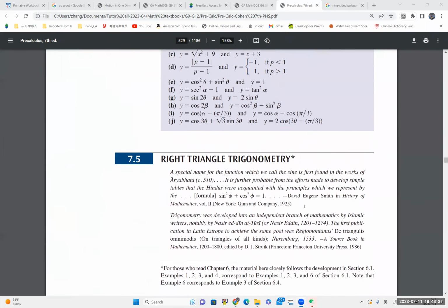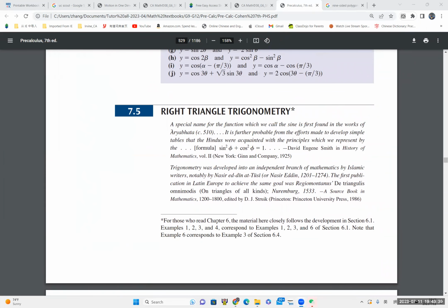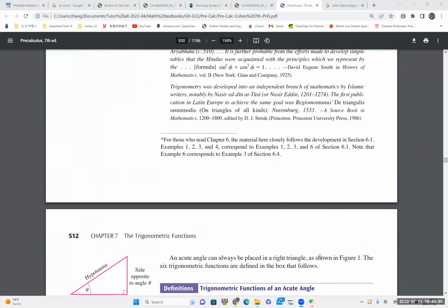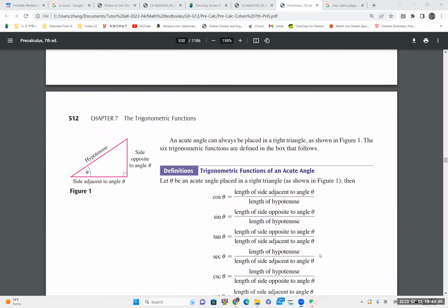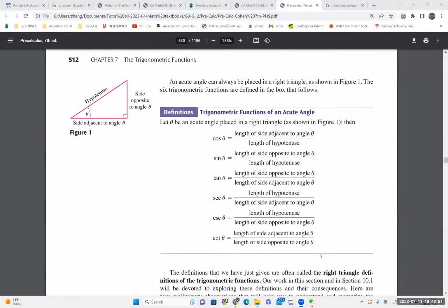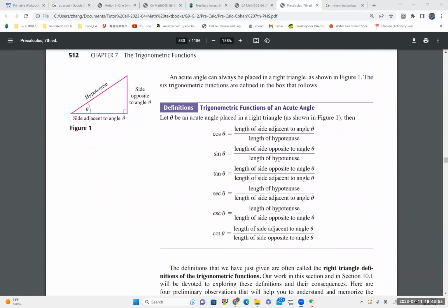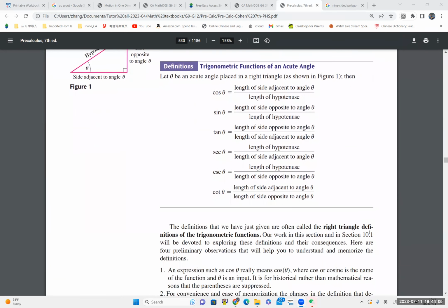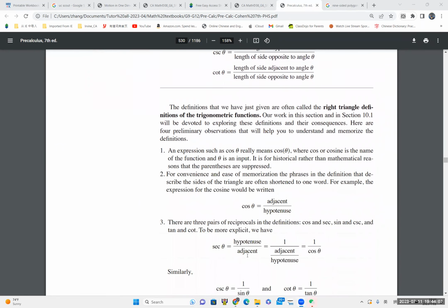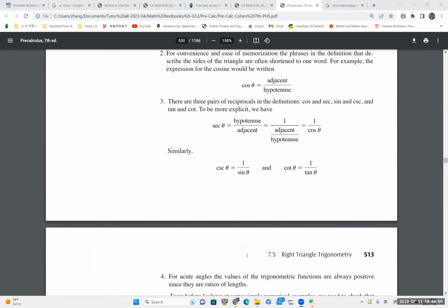This section may not really be for those who... Let's quickly go through it. This is like the definition in your right triangle. Right triangle definition. Okay, then what?